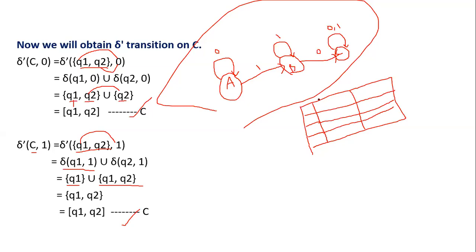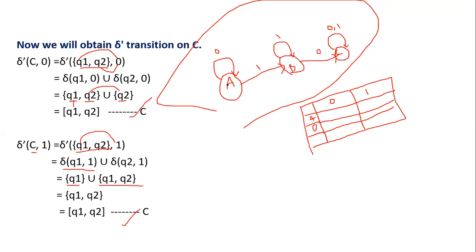Respond to me. States, ma'am. Yes, that is A, B and C. Okay, you have to mention like this. In the columns, you have to mention the input symbols 0 and 1. You have to fill this table also.